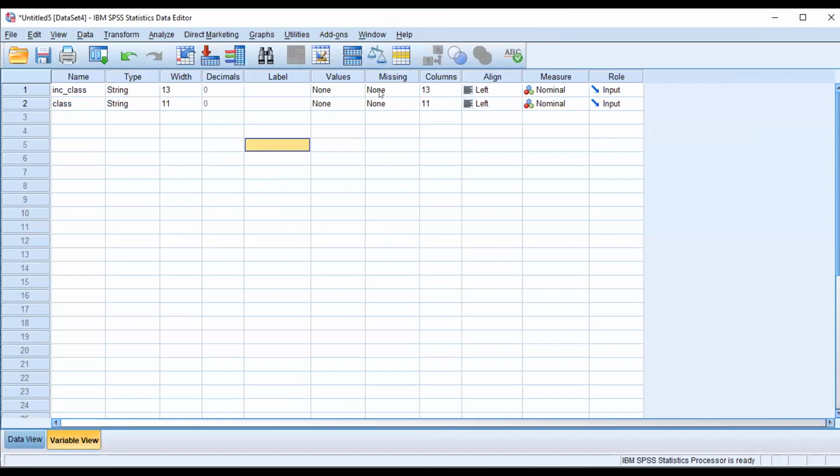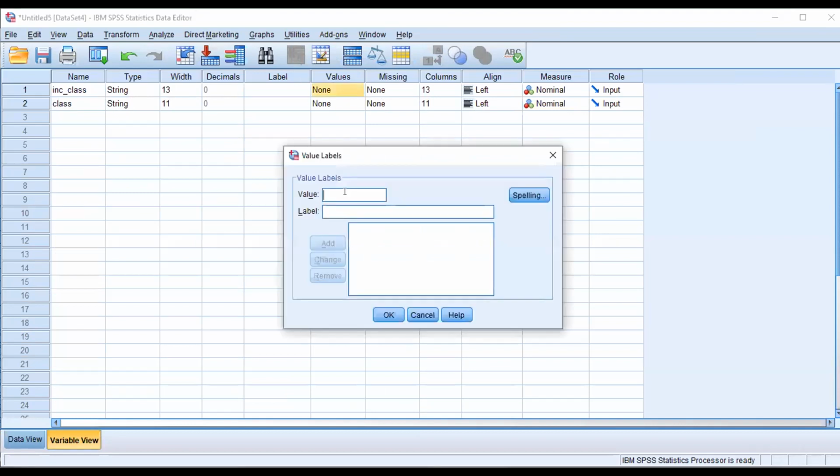Decimal is 0, and in value, income class 1 is for low class, 2 for middle class, and 3 for higher class.